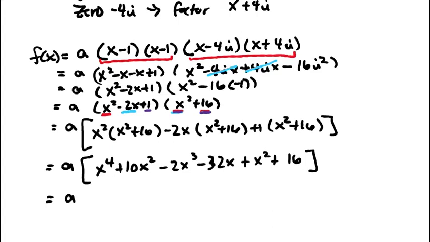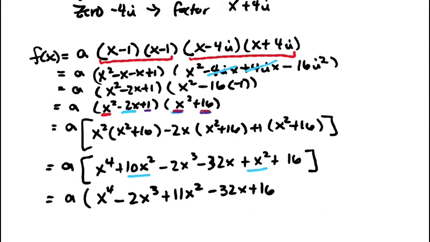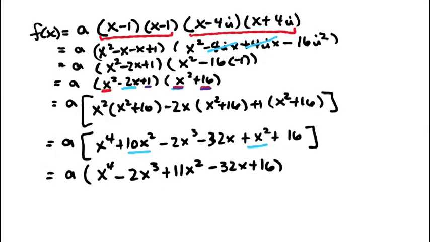Let's see if I have any like terms I can combine. And I have 2 x squared terms, and I'll combine those like terms and also write these terms in descending order. So that's x to the 4th minus 2x cubed plus 11x squared minus 32x plus 16. So we form the polynomial with zeros of 1 and multiplicity 2, and zeros of 4i and negative 4i.